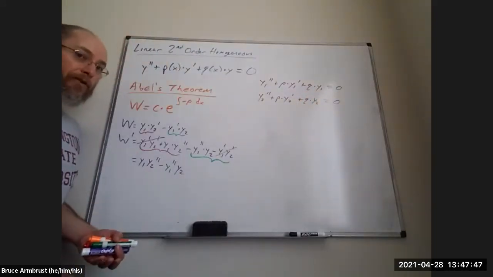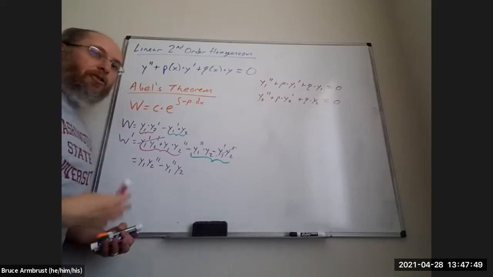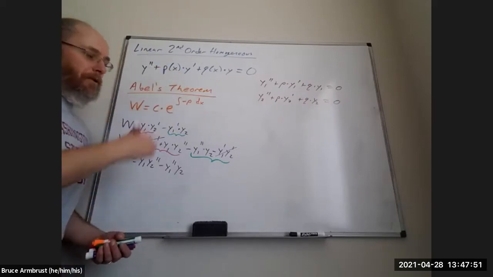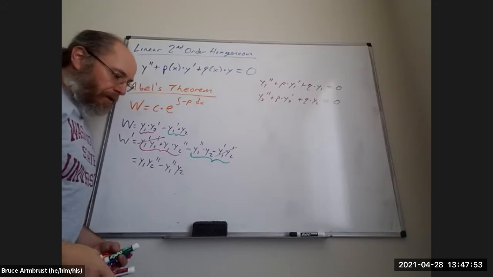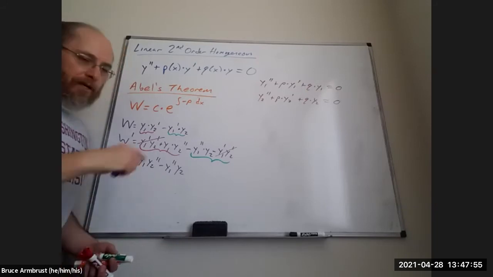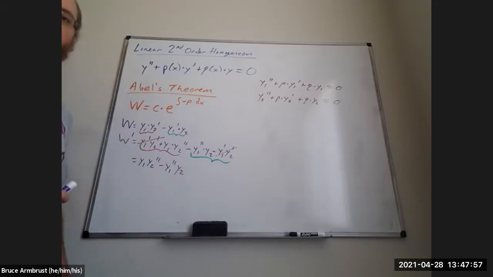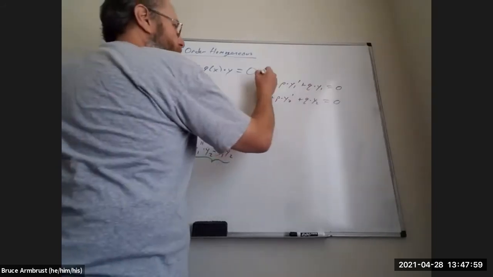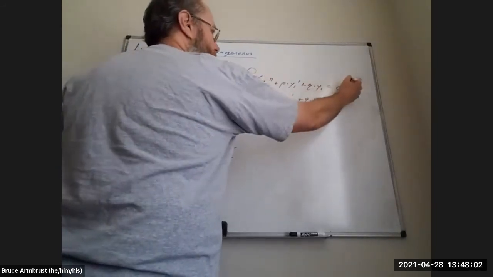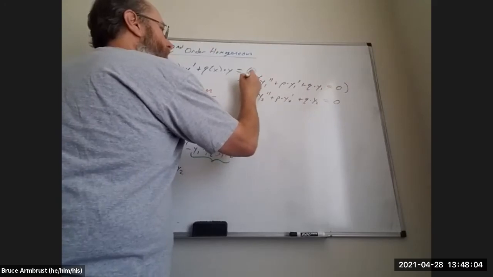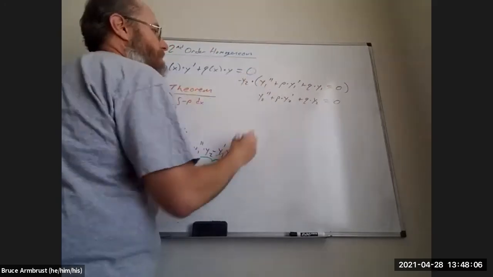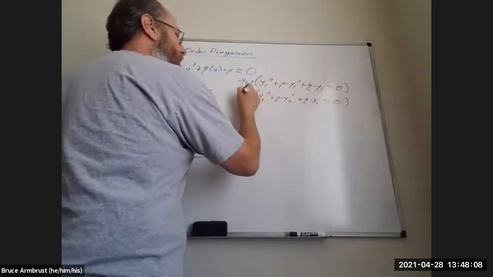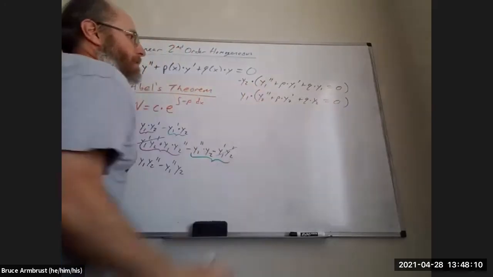That's what y1 and y2 are, right? Well, they are solutions to the differential equation. So we know that this is true. So we're going to take this system and I'm going to multiply the first equation here by negative y2. And the second one, I'm going to multiply by y1.